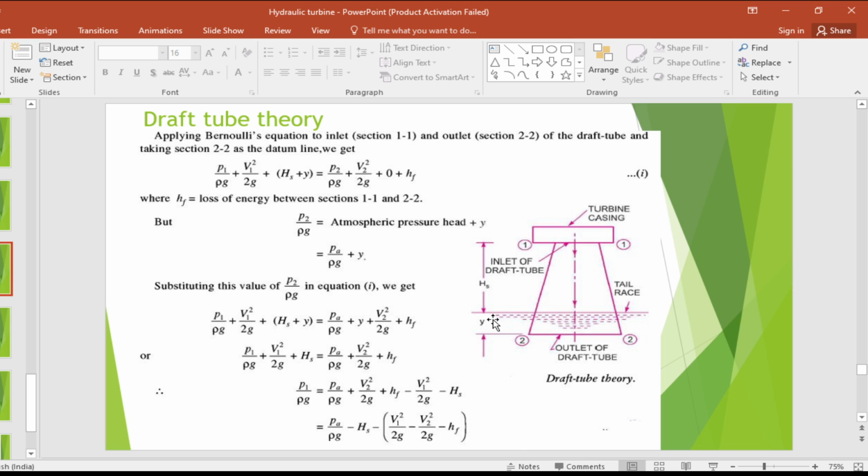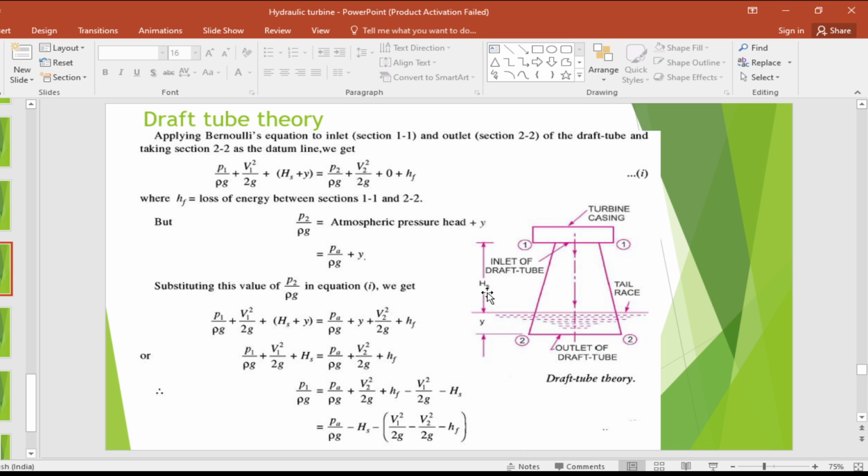So y is nothing but the distance of the bottom of the draft tube from your tail race. This is the height of the tail race at the bottom of your draft tube. And Hs here is the vertical height of the draft tube above the tail race.